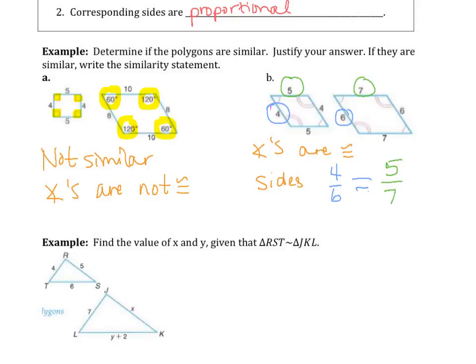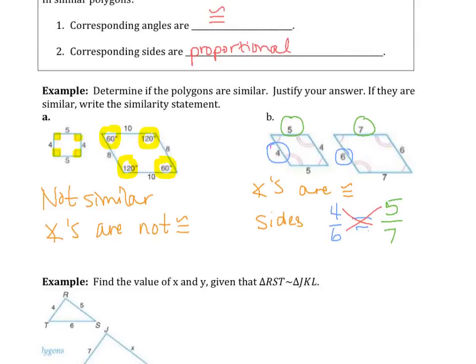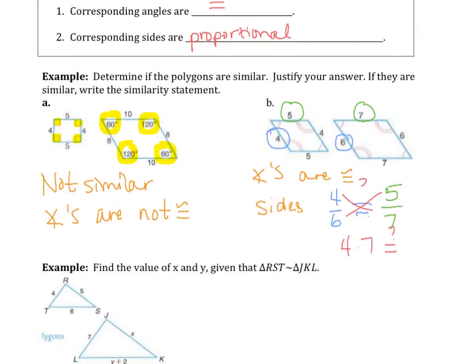So now I need to look at my cross products to see if those proportions are the same. So for this I've got 4 times 7. The question is, does that equal 5 times 6? 28 does not equal 30.